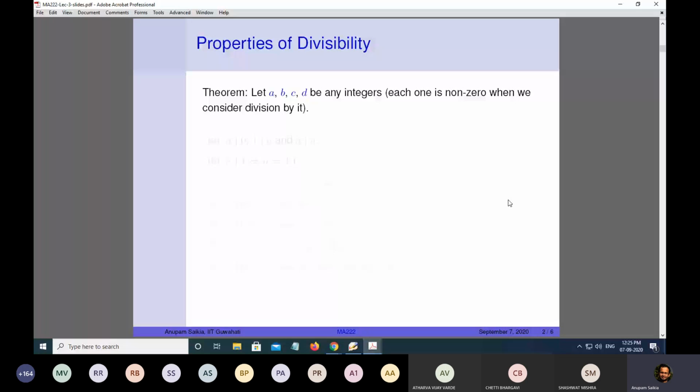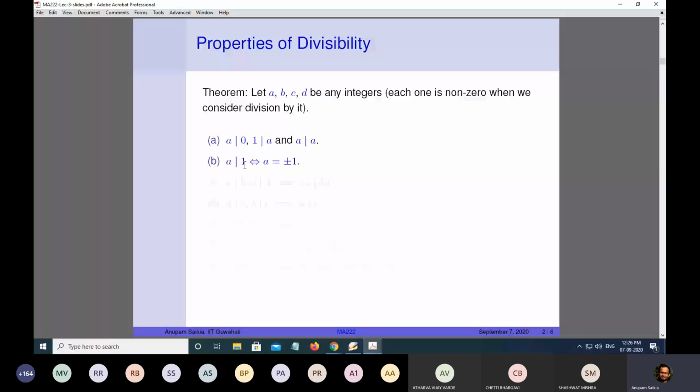First thing is that 0 is divisible by any non-zero integer, because when I'm saying that I'm dividing by A, clearly that means A is non-zero. So 0 is divisible by any non-zero integer, any integer is divisible by 1, and any integer is divisible by itself. These are quite clear. And if A divides 1, clearly A has to be plus or minus 1.